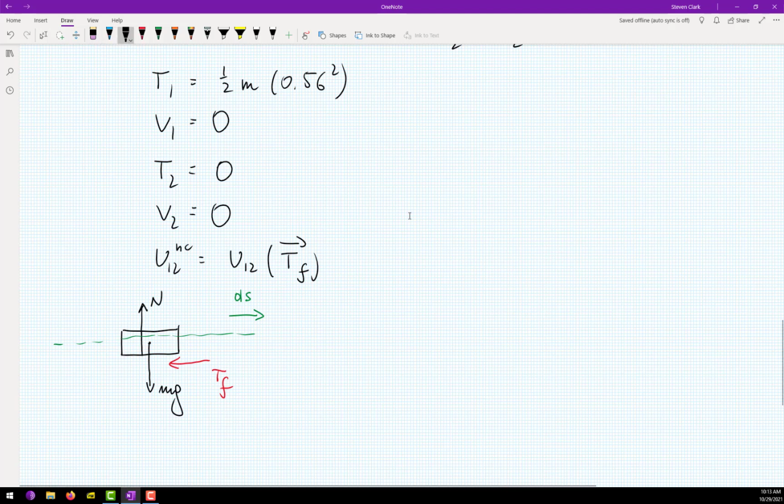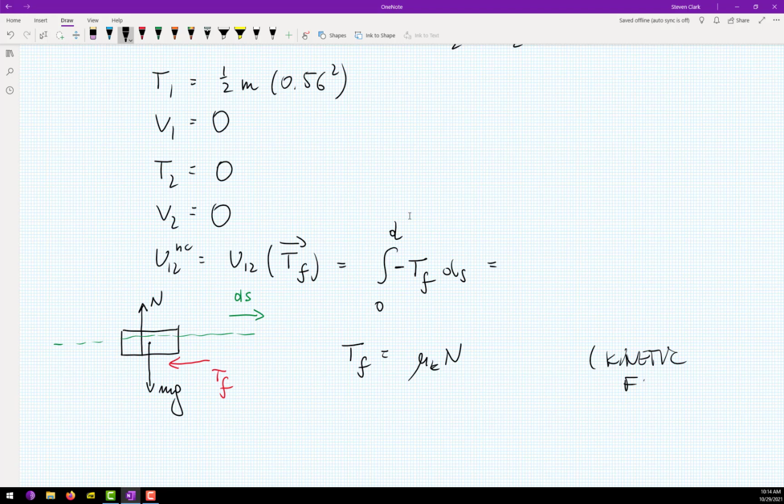So we will have the integral from 0 to d of Tf ds, of course with a negative sign, and Tf is equal to mu k N because we are in the kinetic friction regime.